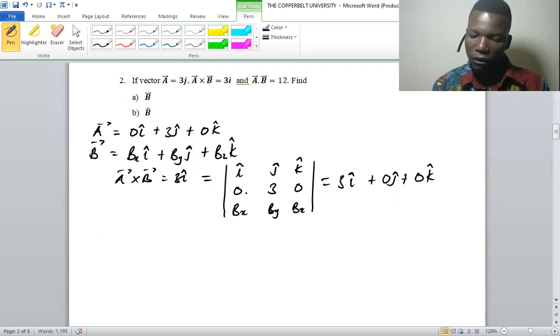If we solve this, I believe you know how to solve a cross product.